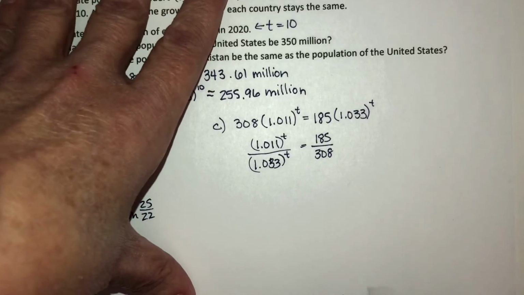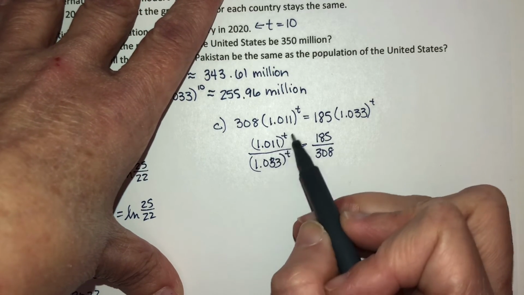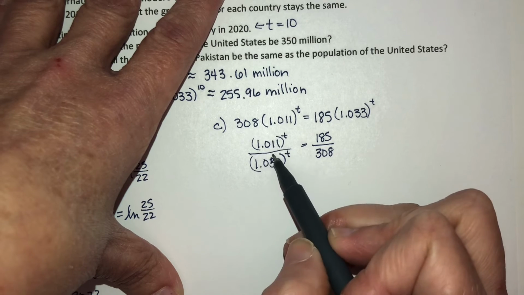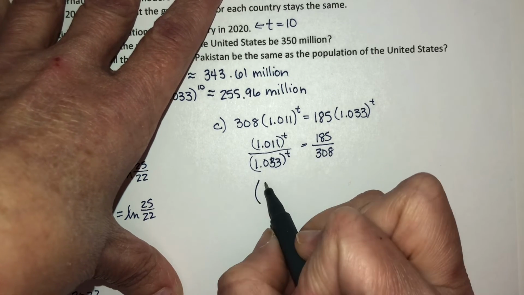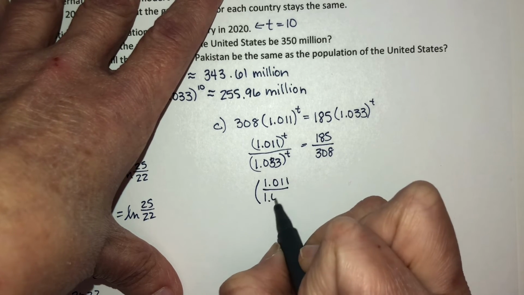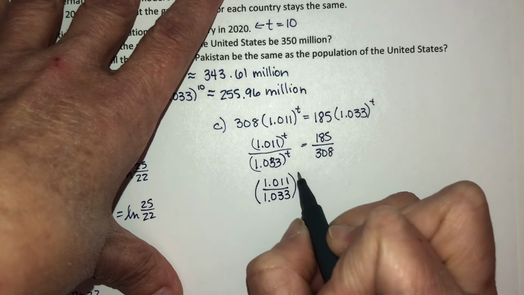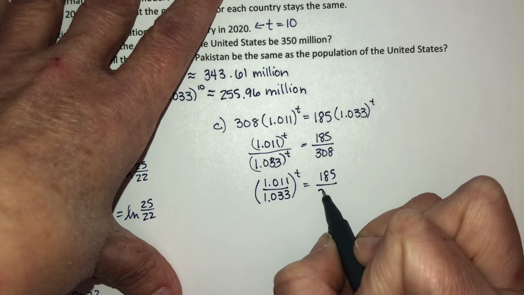Now, one of our power rules says that since I have a fraction, a simple term over a simple term, but they're raised to the same power, I can write it as 1.011 over 1.033 to the t power. This fraction does not simplify.